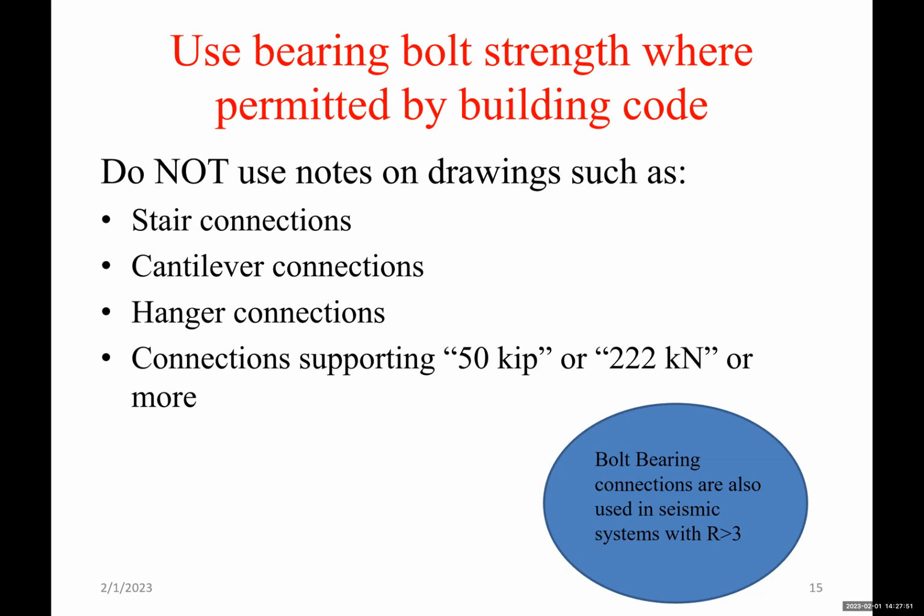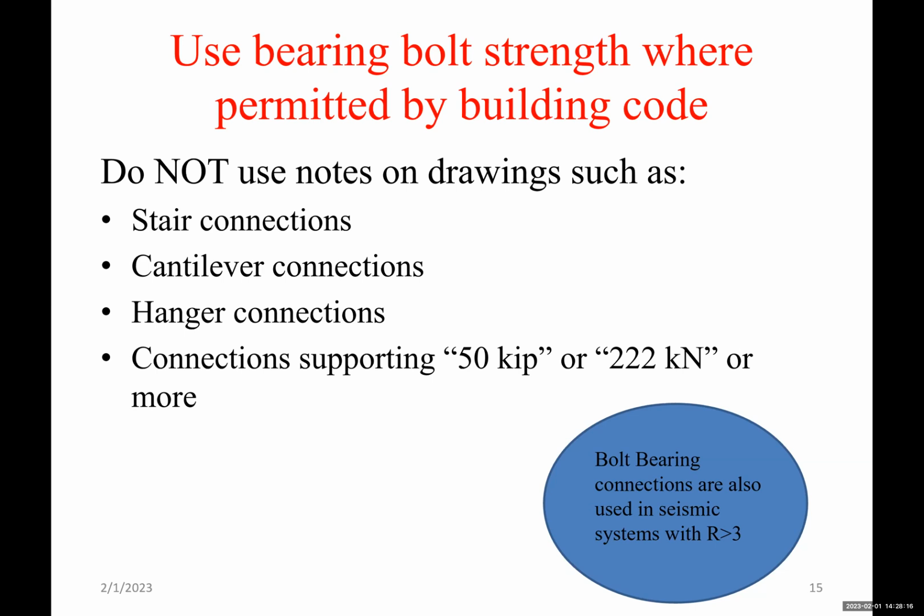Up to R equal 3, we don't have to use AISC 341, the seismic provision. So even for seismic connections, we can use bolt bearing connections. So keep that in mind, because some people think that we have to use slip critical connections for seismic connections. No.